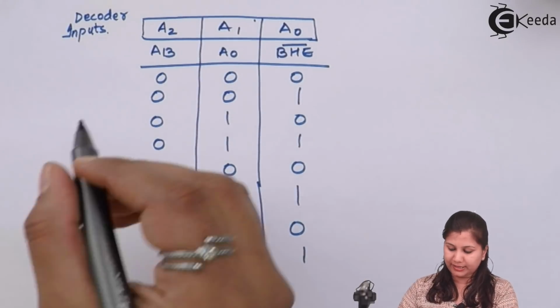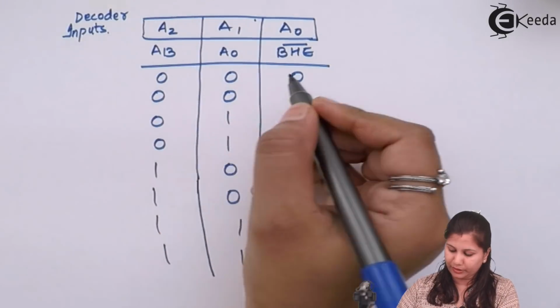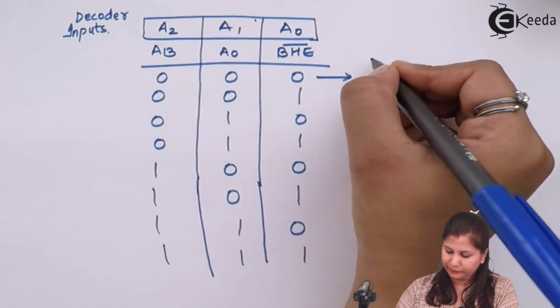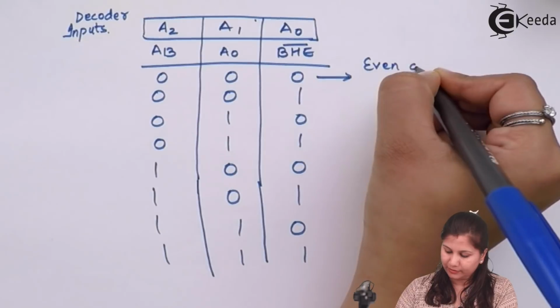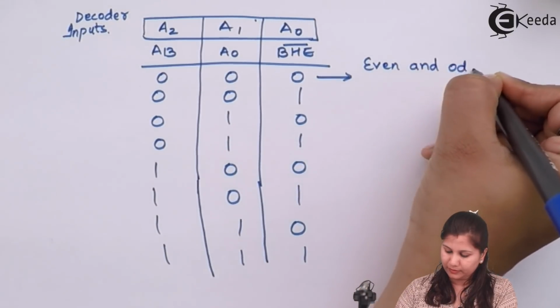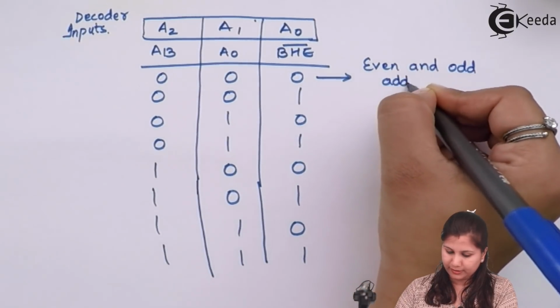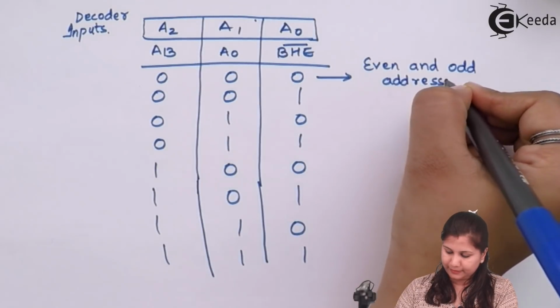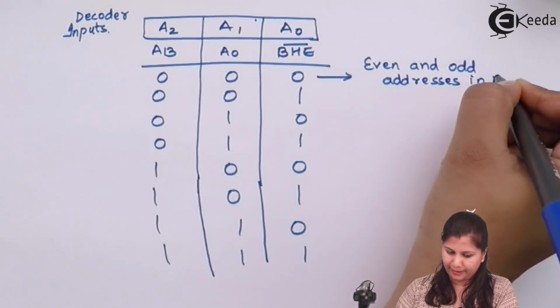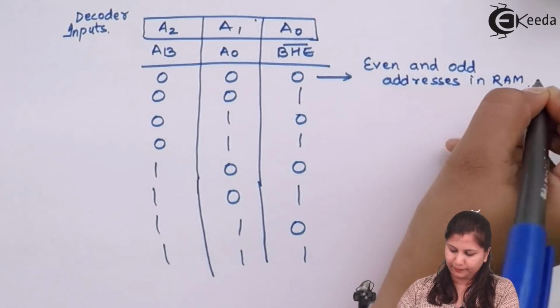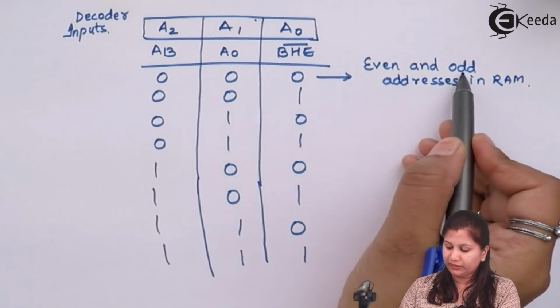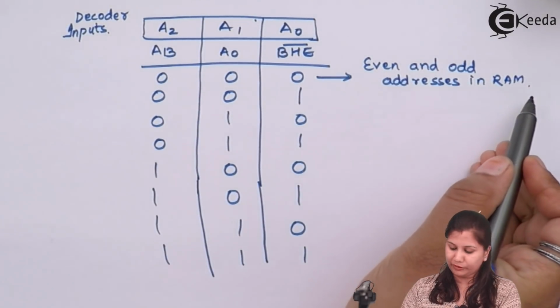If it is 0, 0, 0, then the operation performed will be even and odd addresses in RAM. Here both even and odd addresses of the RAM will be selected.